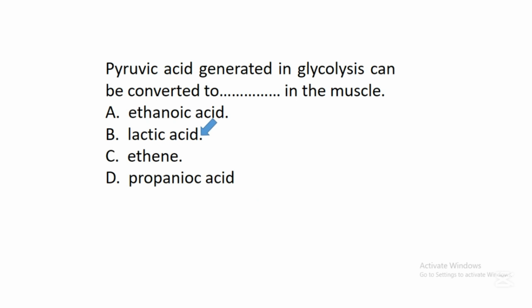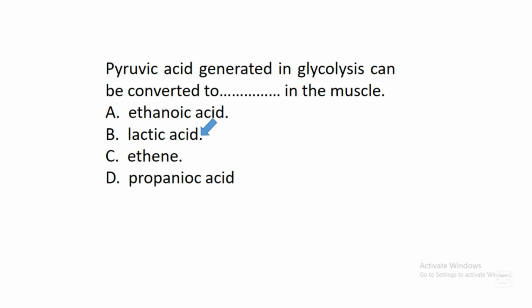Lactic acid. So, when someone engages in strenuous exercise, after some time, the oxygen in the muscle, that is, the oxygen in the body system used by the body to break down glucose to generate energy, will be used up. When this oxygen is used up, anaerobic respiration will occur in the muscle, and there will be production of a compound called lactic acid.